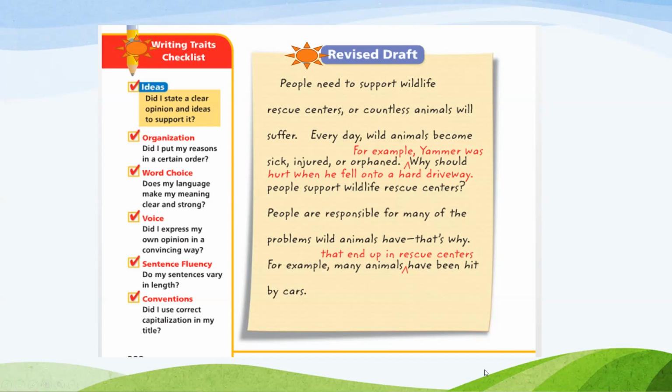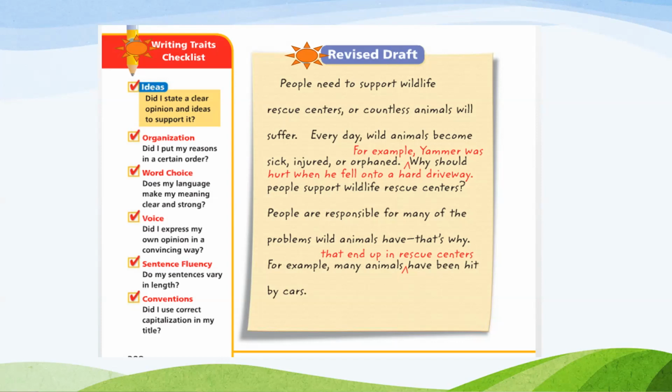Then the voice. So in this case, we can ask ourselves, did I express my own opinion in a convincing way? So we need to pay attention if our opinion is written in a way that our reader can understand this paragraph correctly. Okay, then we have the sentence fluency.